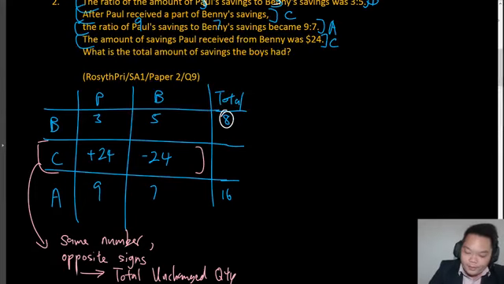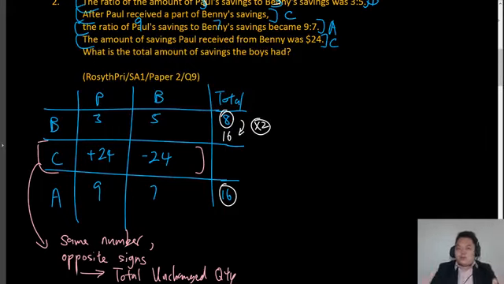Once you've identified that, we can make them the same. We want to get them to the lowest common multiple. And the lowest common multiple is the smallest number that can be divided by both 8 and 16. Smallest possible number will be 16.